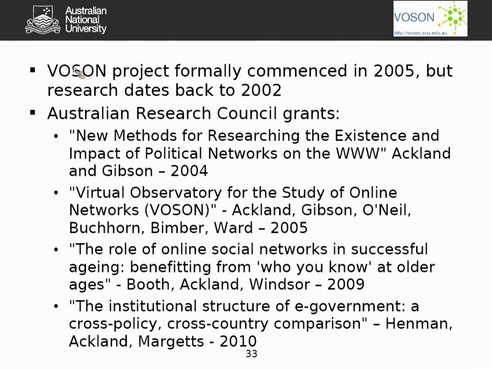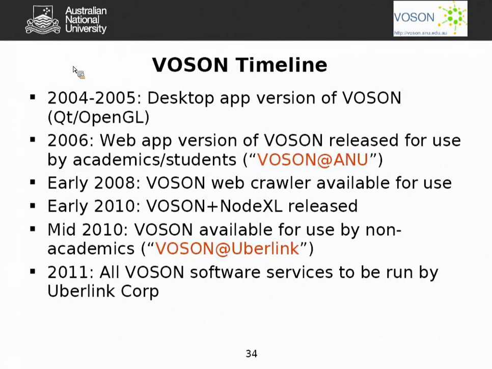But now I'm in the boom time, because we've got another grant. We've got two grants back to back, and that's providing some resources for a software developer to do some work with me, which is great. So these are some key moments or key events along the way in the VOSON history.